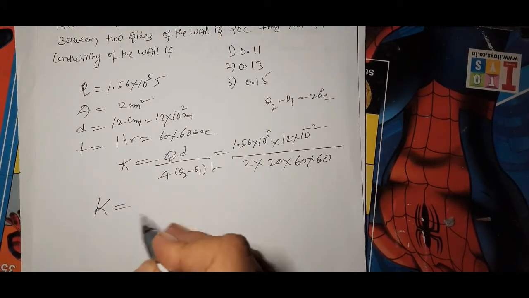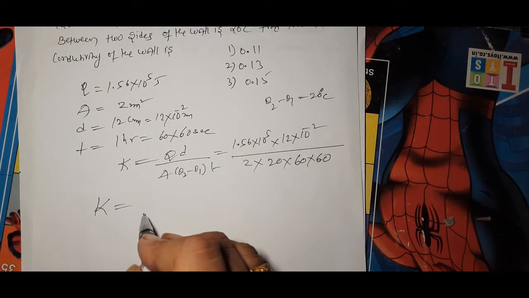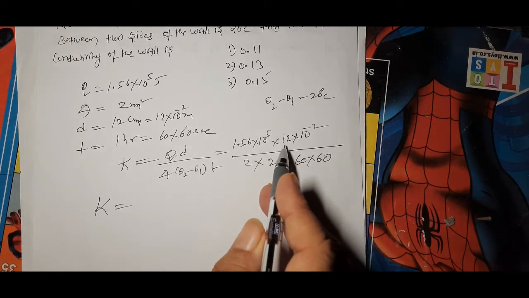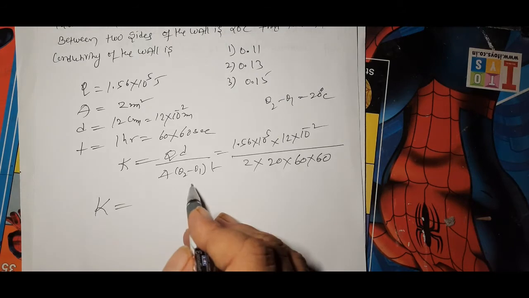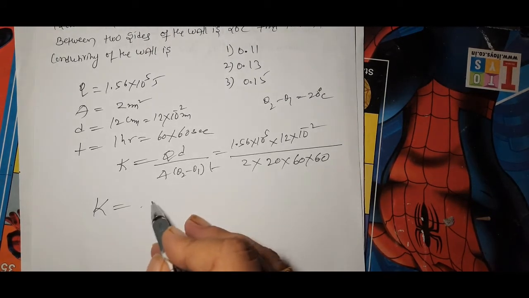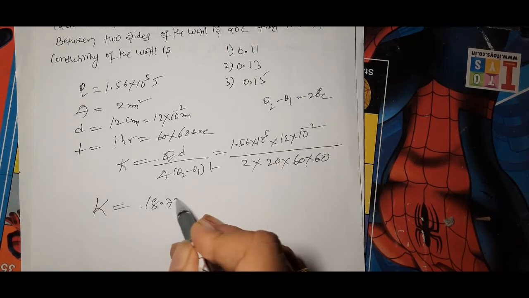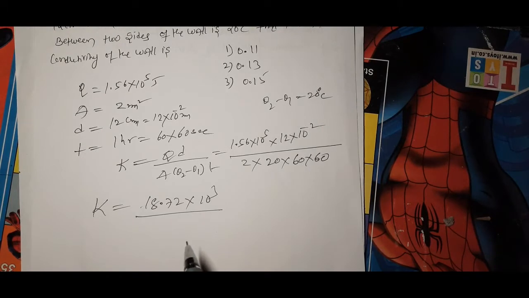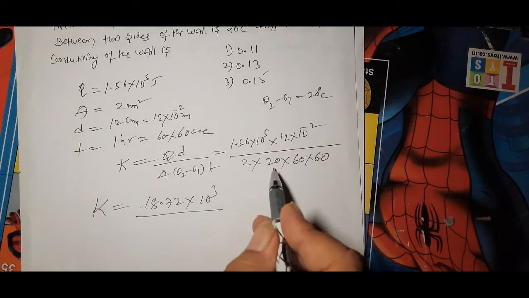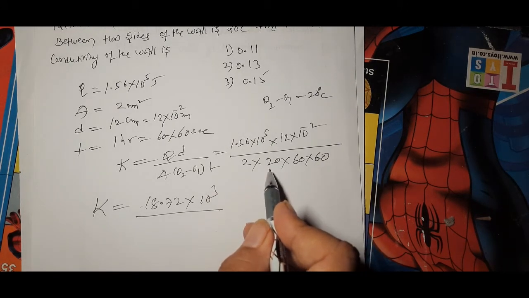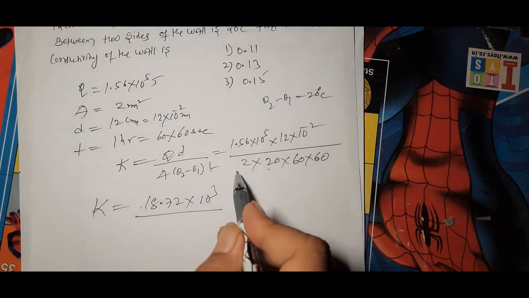Now K is equal to 1.56 into 12. By solving the multiplication 1.56 into 12, we get 18.72 into 10 cube divided by 2 into 20, that is equal to 6 into 6, 36, 36 into 2, 72, 72 into 2, 144.